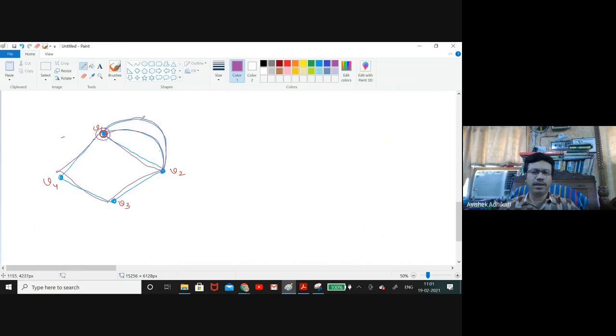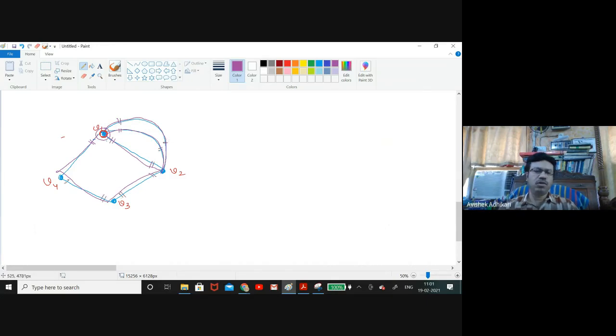Now, as we have already seen, the necessary and sufficient condition for a graph to have an Eulerian circuit or line is that the degree of each vertex must be even. I'm talking only about connected graphs. Here the degree of this vertex is 4, this vertex is 4, and these vertices are all 2.